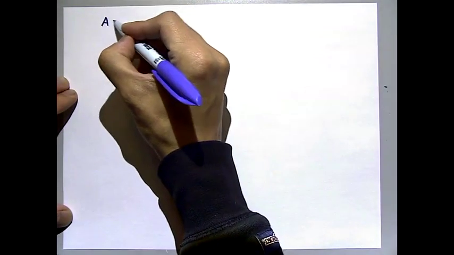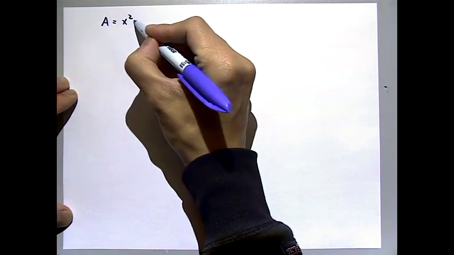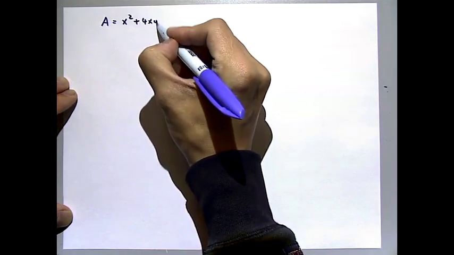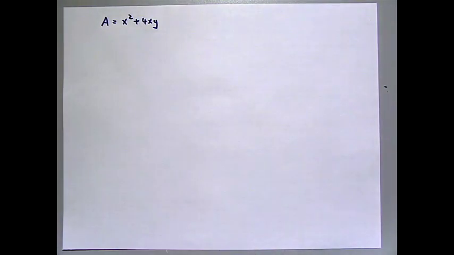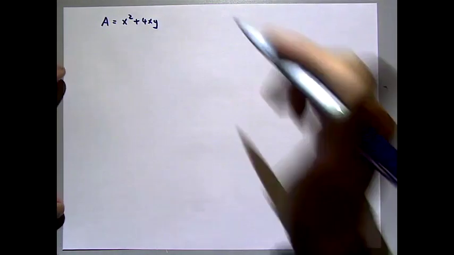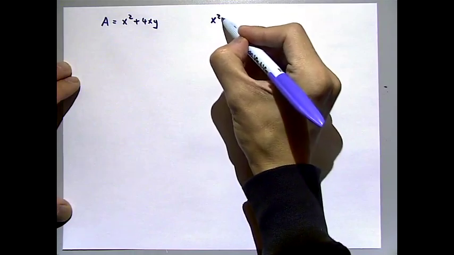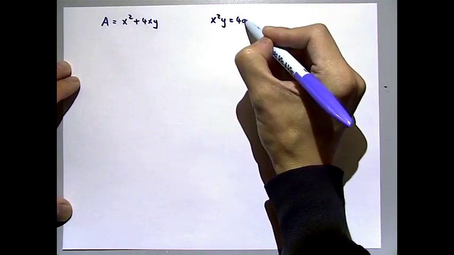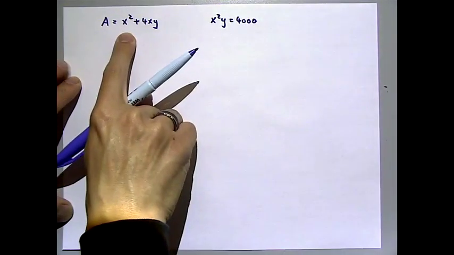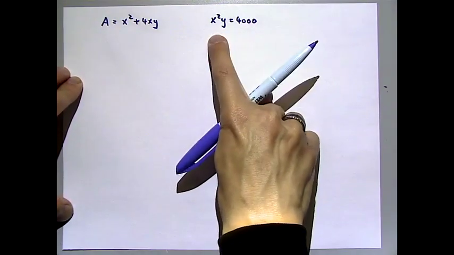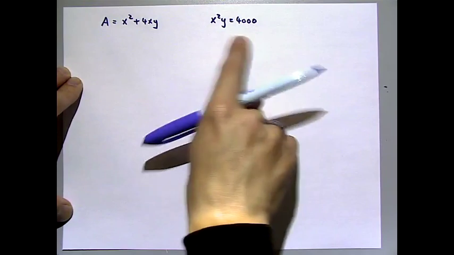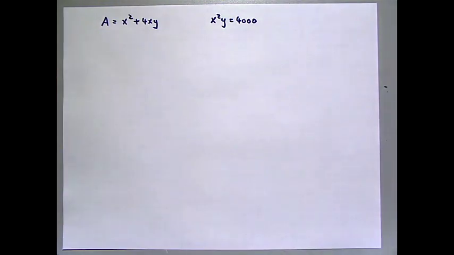Okay, the equation I want to work with is that A equation. Let me bring it over here. Also from earlier, that equation I underlined in green told us the volume of the box. This is saying find x and y to make this small. This is saying that whatever x and y you find, it has to satisfy that requirement.